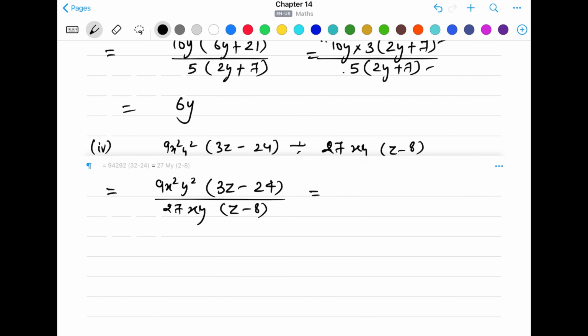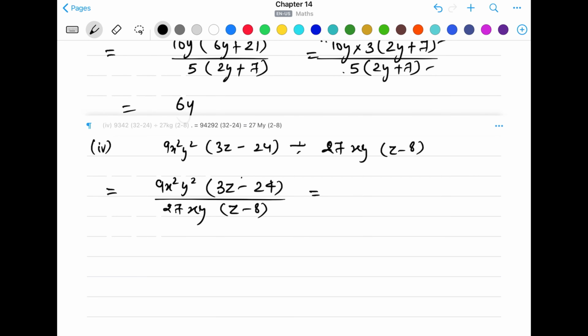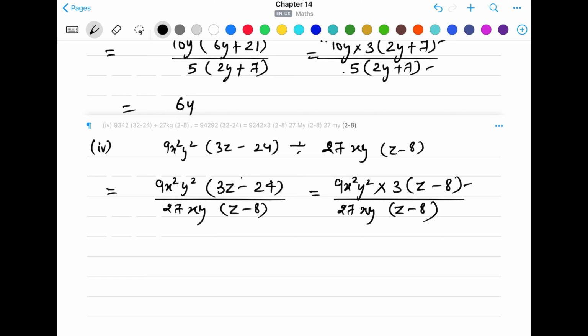In the numerator we'll take 3 common from this bracket term, so we already have 9x square y square. Now we take 3 common, so we're left with z minus 8, and in the denominator we already have 27xy into z minus 8. Now this z minus 8 and z minus 8 will be cancelled out.